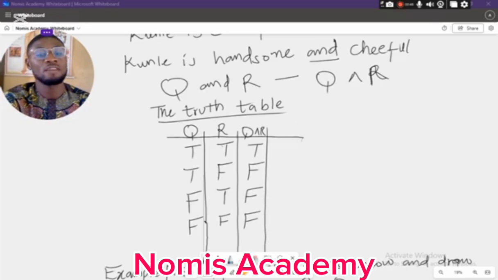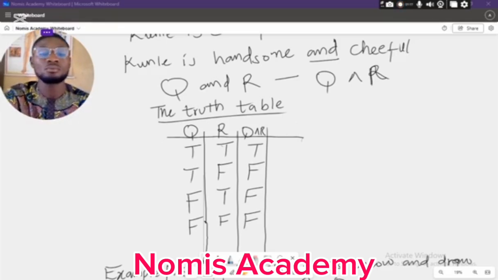When the first statement is false and the second is true, joining them with "and" gives a false statement. And lastly, when the two statements are false and we join them with "and", the compound statement is false.